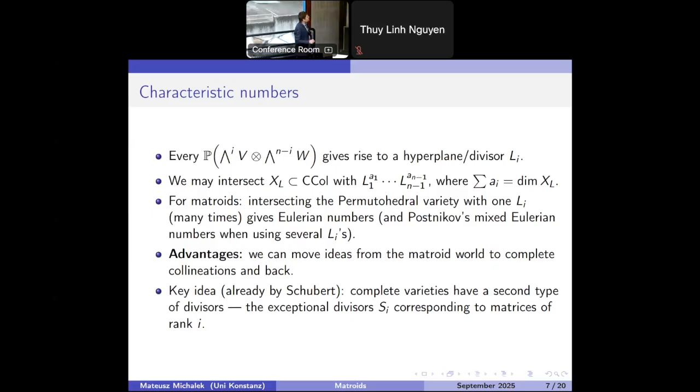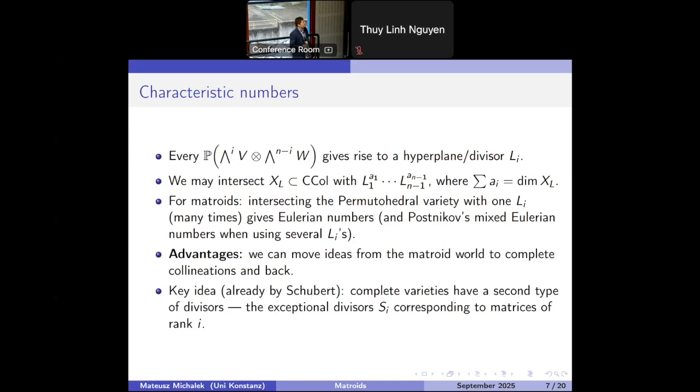And whenever you give me a tensor, I can projectivize L. This would be like a wonderful model of a tensor. It would be the analog of a wonderful model of a matroid. So this would be the closure of the projectivization of invertible matrices in L in the variety of complete collineations.